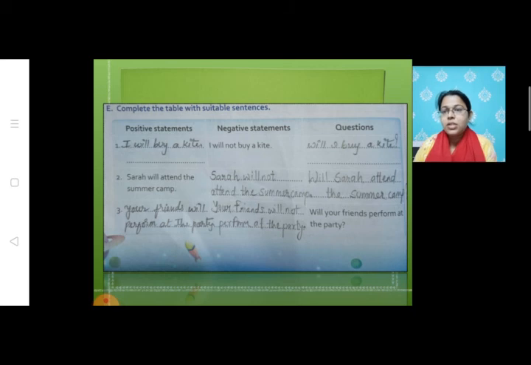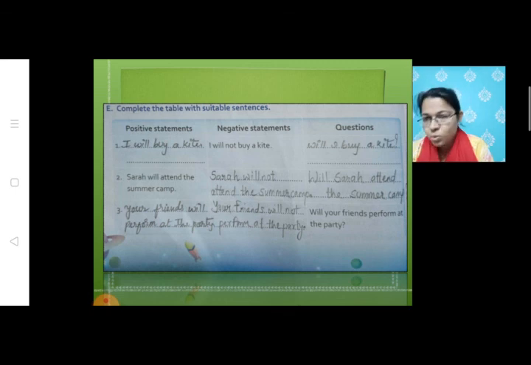So the sentence formed would be, Sarah will not attend the summer camp. And when we make a question, we will write will first. Will Sarah attend the summer camp? And make sure to put a question mark at the end of the question.